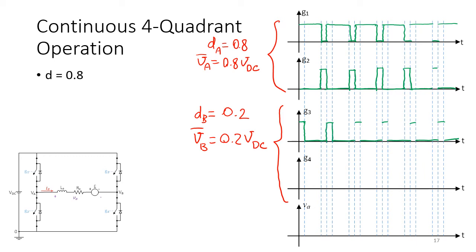We change like this, and G4 is simply the opposite of G3.